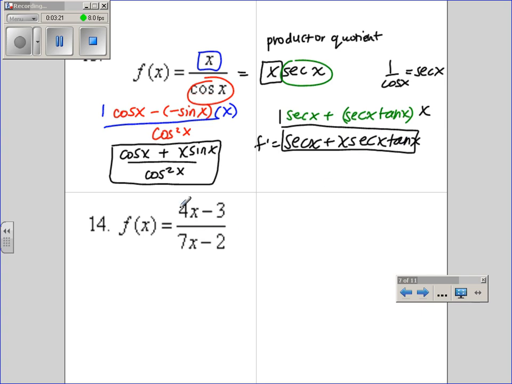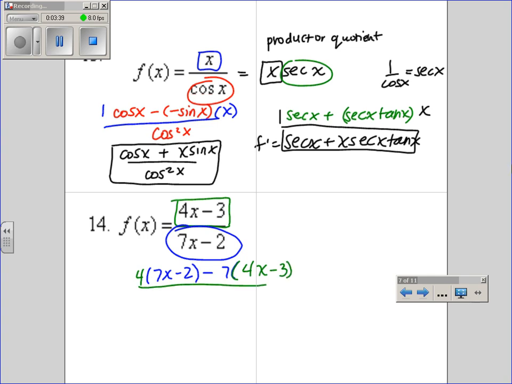Okay, this one we have no choice but to use the quotient rule, because we have two functions of x, they both have multiple terms. The derivative of the top, 4, times the bottom, minus the derivative of the bottom, times the top, all over the bottom squared. Now don't worry about the bottom being squared, keep it like that.